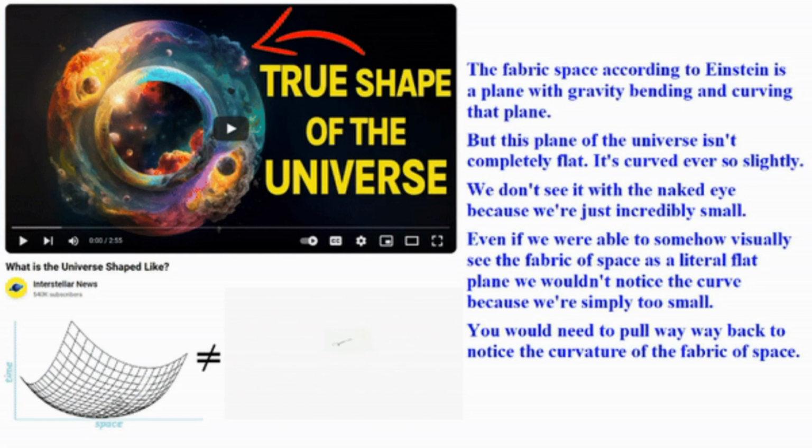General relativity is only used in the macro scenario, cosmologically. You can't use it here on Earth. You can't say, I'm going to bend space-time here in my garage or in my apartment or my living room. You can't do that. It's not even a theory.